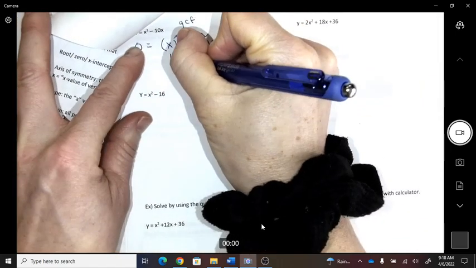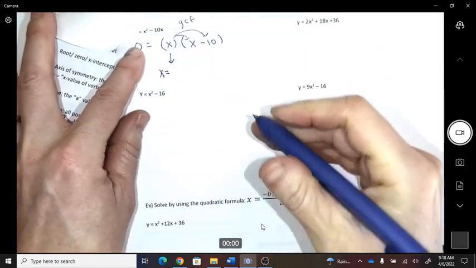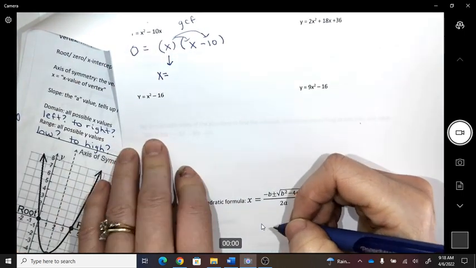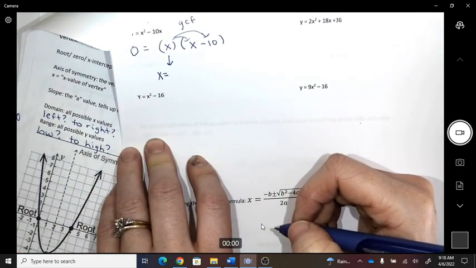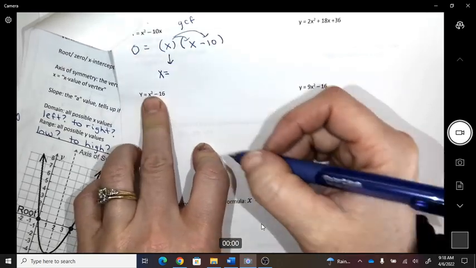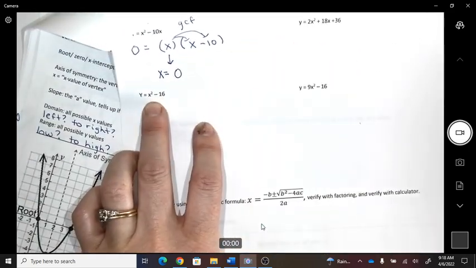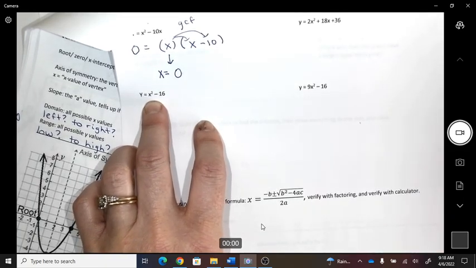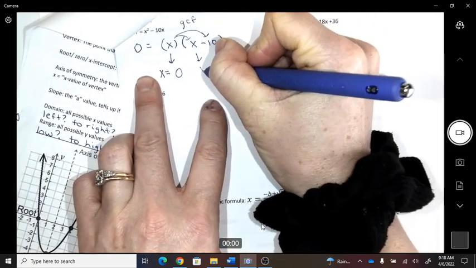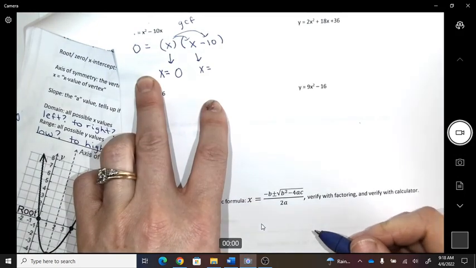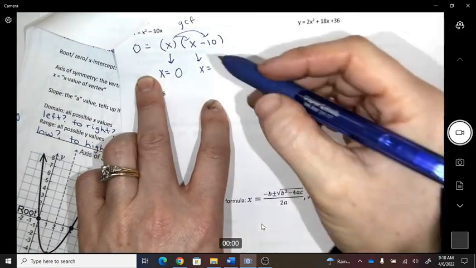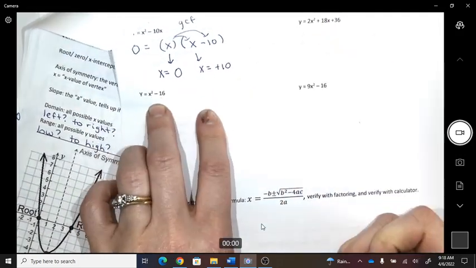Okay, so here, if I want that bracket to be 0, x would have to be, what do you think? 0? Does that make sense? If x was 0, that whole bracket would be 0. And here, if I want that bracket to be 0, x would have to be 10.